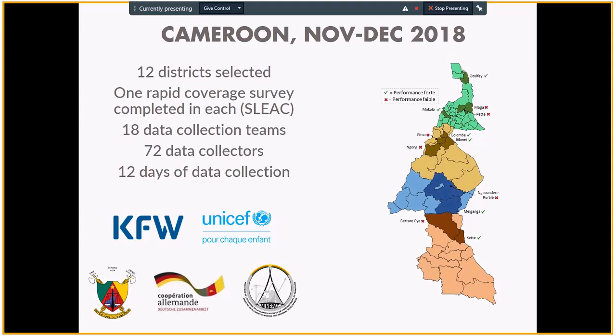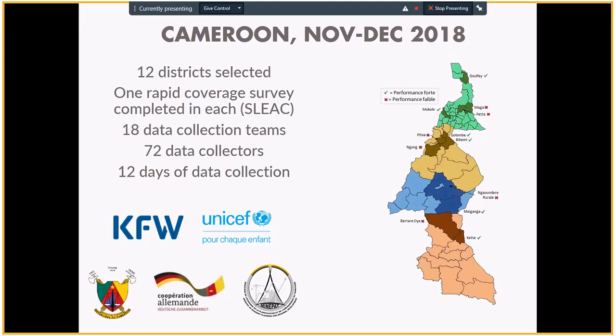The good thing about SLEAC, though, is that the data collection process is quite straightforward. Essentially, what a team does is go to a village and try to find every single acutely malnourished case in that village by using various methods, sometimes by going door to door, sometimes by using images and photographs and packets of plumpy'nut to try to find children in the program already.